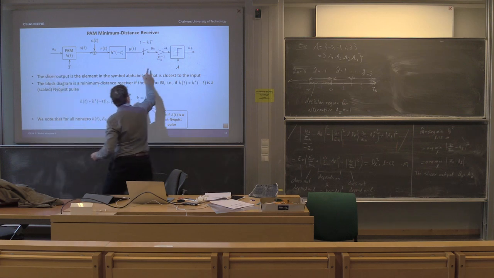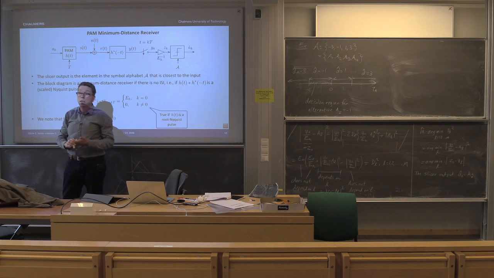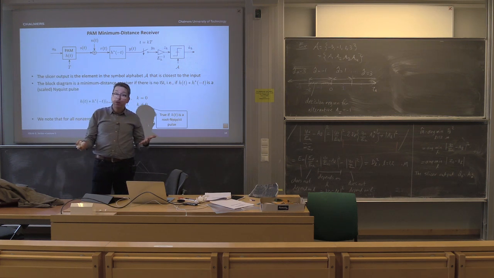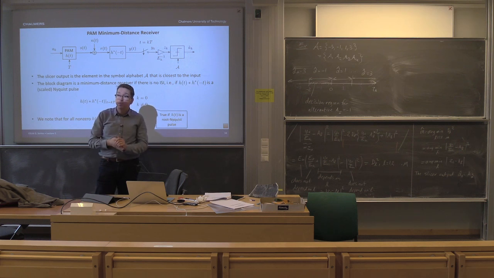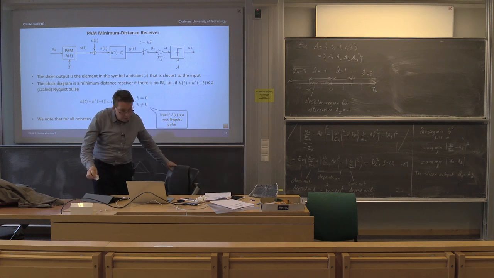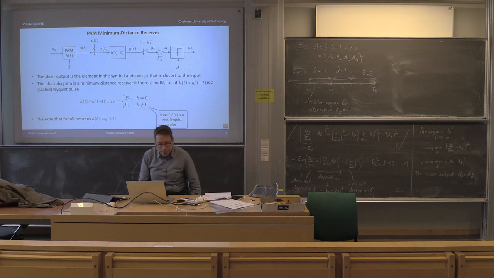And why is that? It's because the input, Z of k, happens to be A k. So the rest, what we did, is only to motivate that this was also actually a minimum distance receiver, with all the math that came after that. Okay, so any questions before we continue?